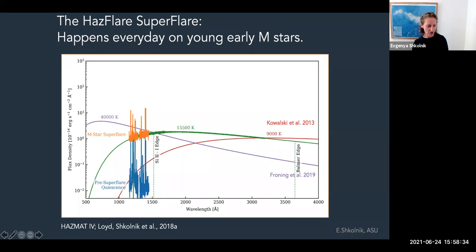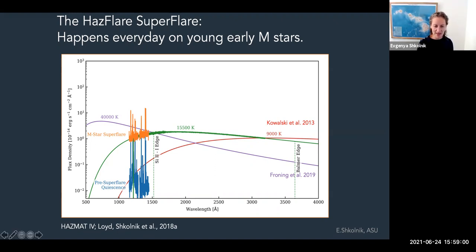Here I'm showing you the full wavelength range from 500 to 4,000 angstroms. This is the Has flare data. So the blue here is the quiescent spectrum of that target. The orange here is the flare itself, the flare spectrum. And what we were able to do is fit a 15,000 Kelvin black body, which is a much hotter black body than we usually assume for the flares.